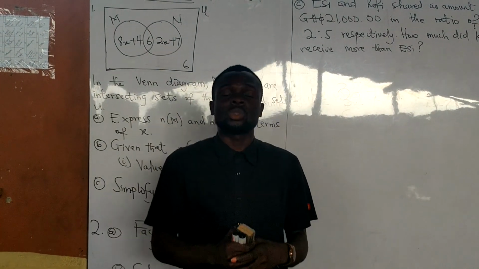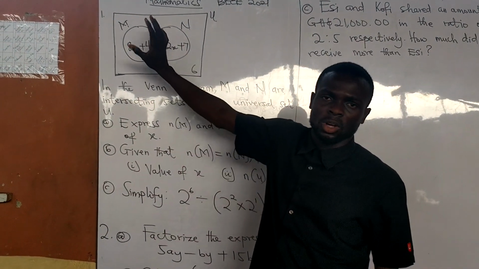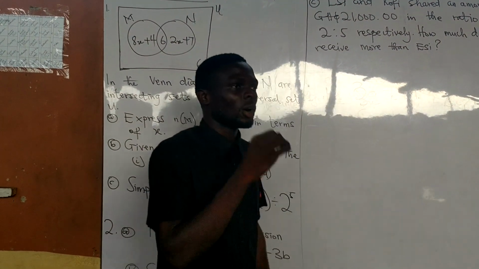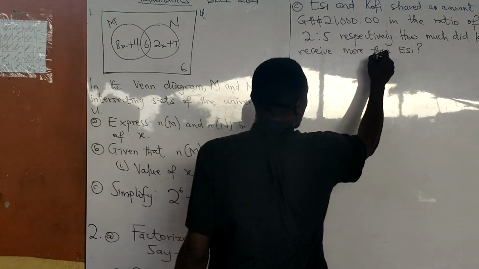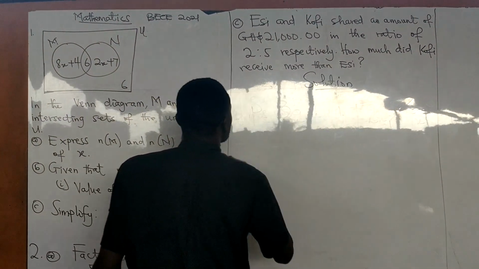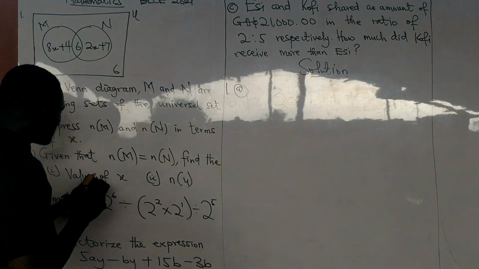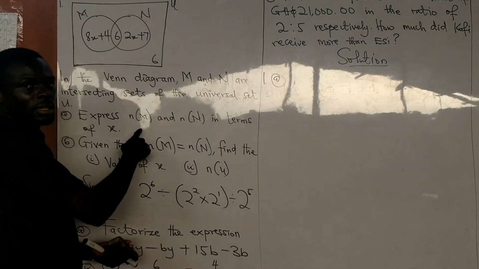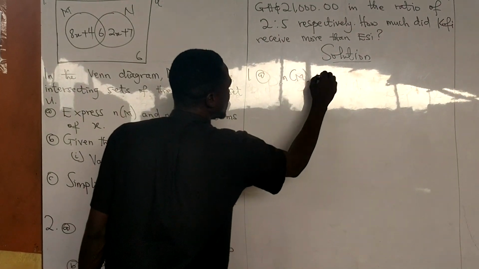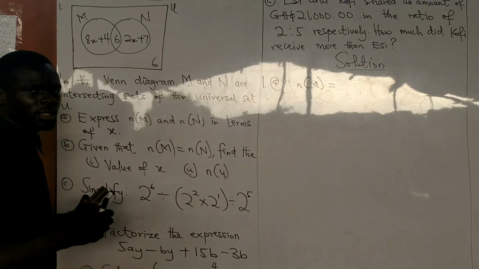They are asking us to simply write what belongs to M on the Venn diagram and what also belongs to N on the Venn diagram. So I have my solution. This is number 1a. I am to express n(M). So I'm going to say n(M) is equal to. But let's come to the Venn diagram first.